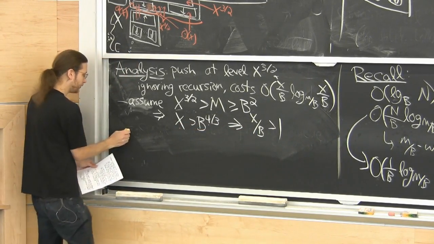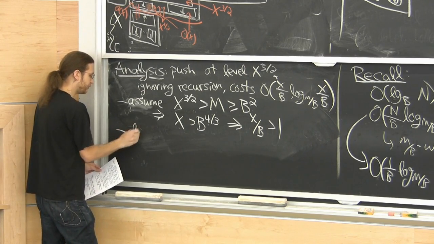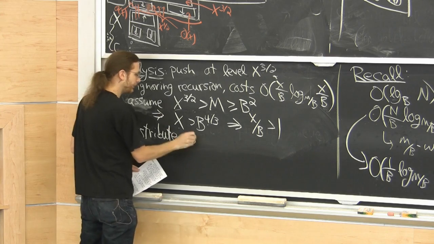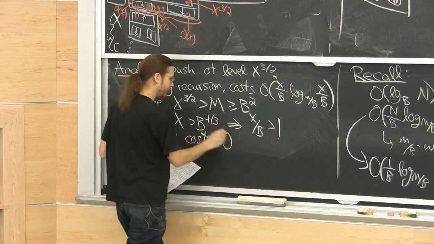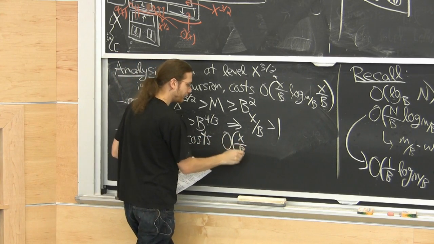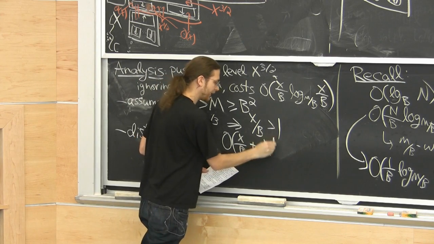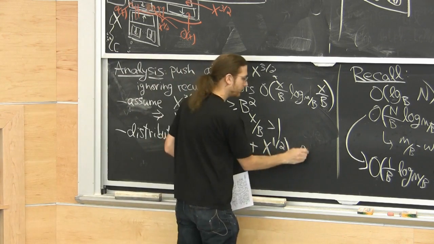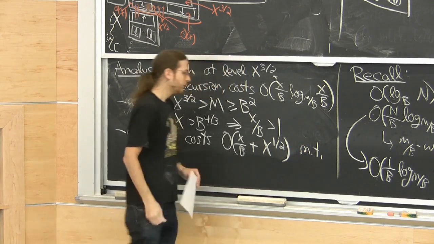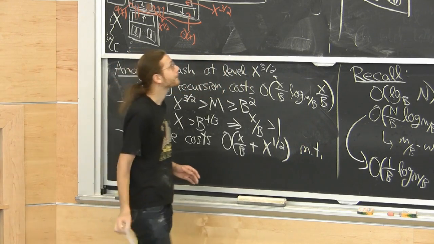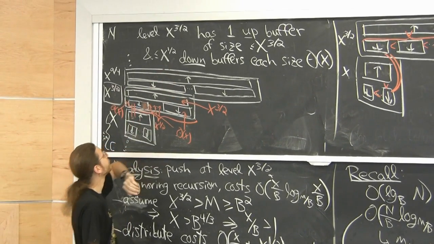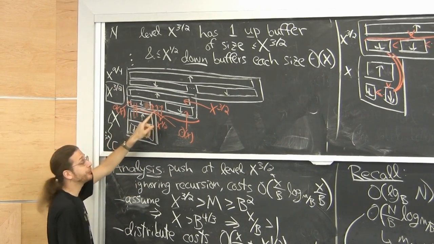All right. Now, the claim is that the distribution step costs, and this is really the interesting part, x over B plus x to the 1/2 memory transfers. Why? Remember up here, we have x to the 1/2 down buffers that we're looking at, and we're visiting them in order.